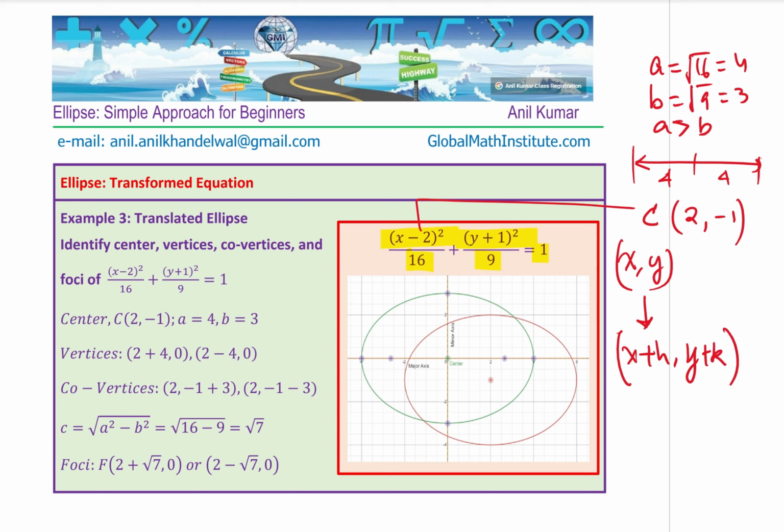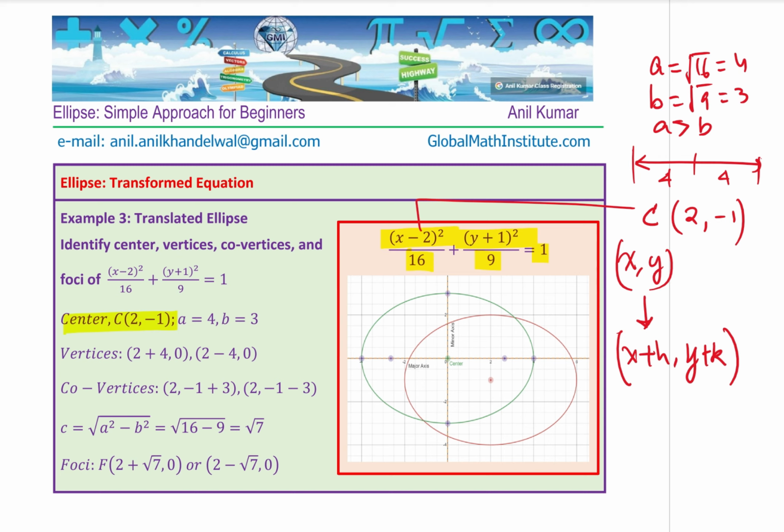So that becomes a translation. So clearly, we can begin with the center itself, writing down the center point from the translated values. And what we get here is that the center is (2, minus 1), since it was translated 2 units right and 1 unit down.